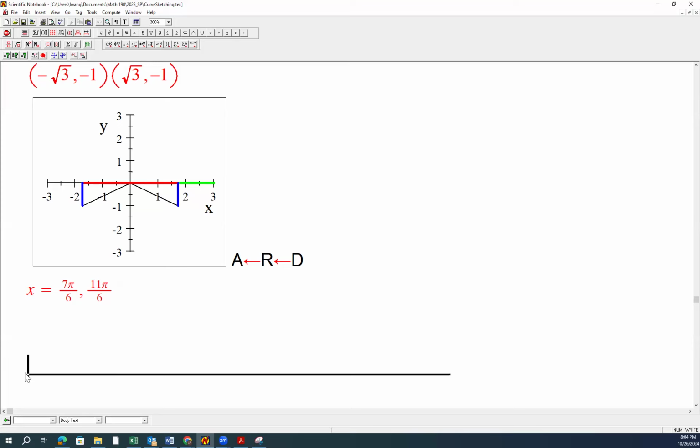So suppose we're starting from 7 pi over 6. 7 pi over 6, 11 pi over 6, of course we have more values. You just keep adding 2 pi. Add 2 pi, you get another one. Add 2 pi, you get another one, okay? This piece is 11 pi over 6.